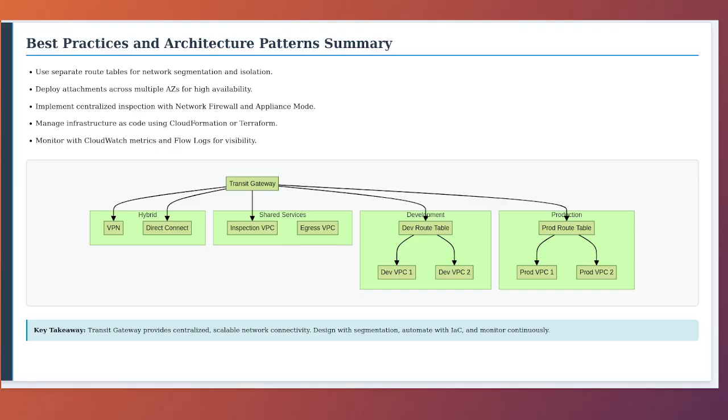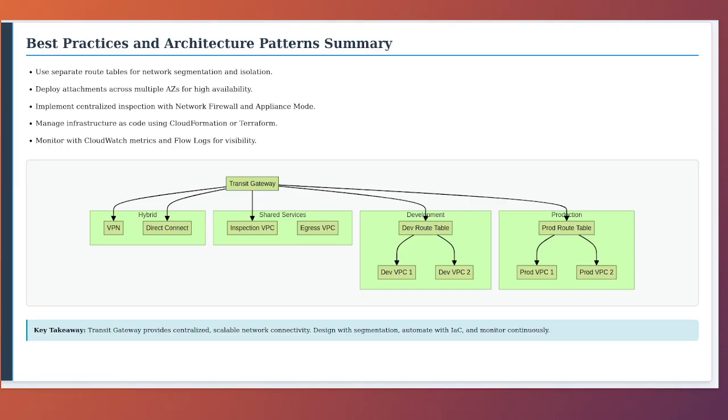For high availability, deploy VPC attachments across multiple availability zones by specifying subnets in at least 2 AZs. For VPN connections, enable ECMP and create multiple VPN connections to aggregate bandwidth and provide redundancy. For Direct Connect, use multiple Direct Connect connections preferably from different Direct Connect locations.